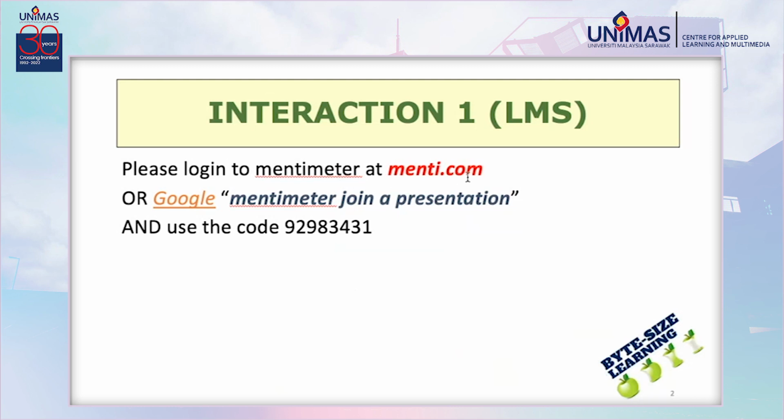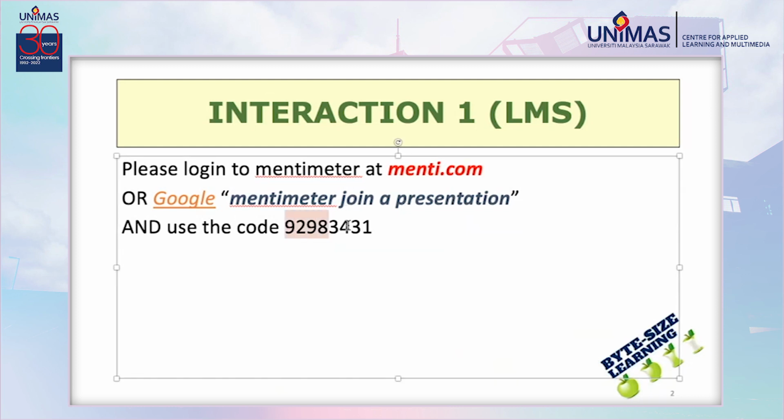You can go to menti.com, or you can just Google Mentimeter and look for join a presentation. Once you are on this web page, please use this code, 92983431. Once you use this code, you'll be at a page where you'll be able to share your opinion.